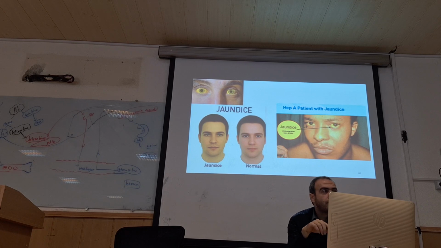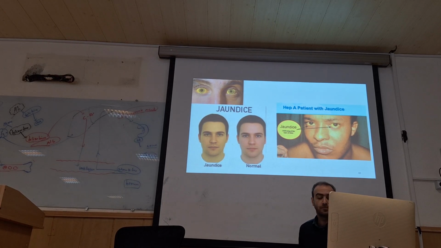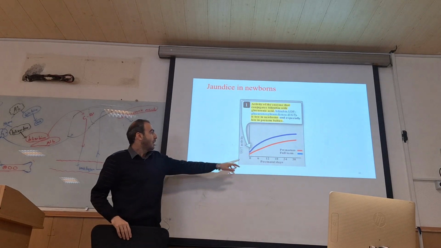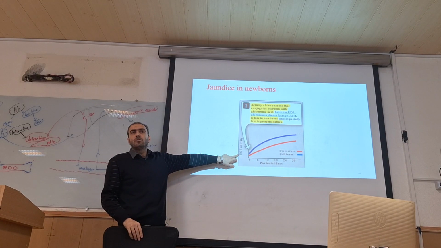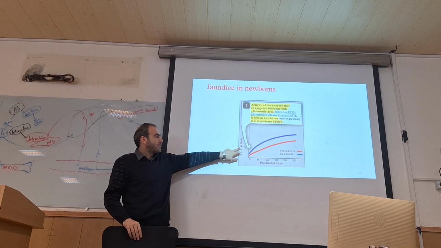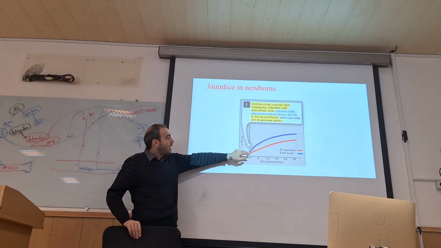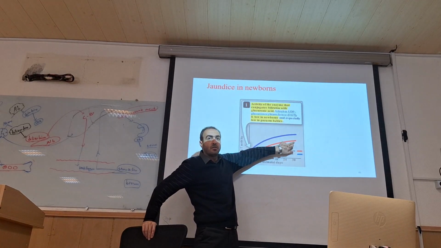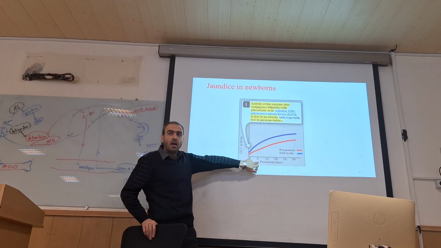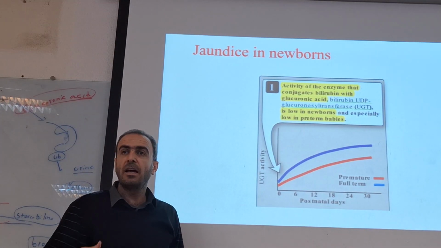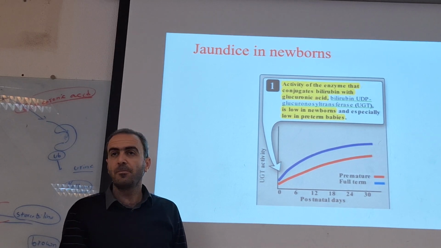Why? Because their liver isn't fully developed yet. If you look here, we have bilirubin glucuronyl transferase activity. In the full term, glucuronyl transferase activity is high, and they can add glucuronide to bilirubin and excrete it easily.